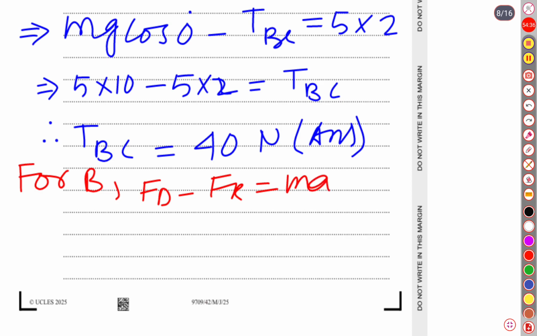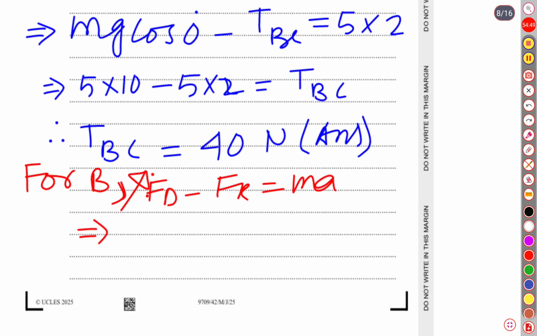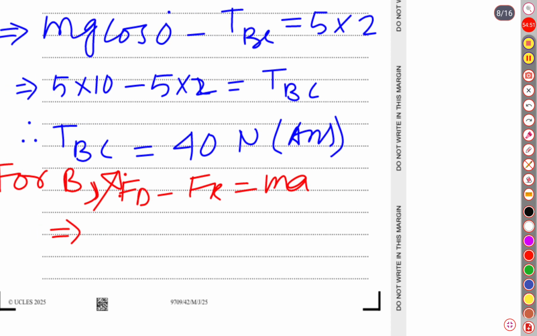Particle B is being pulled by the tension in string BC, and the resistance to motion is the tension in string AB. After that, we cannot ignore the weight also.